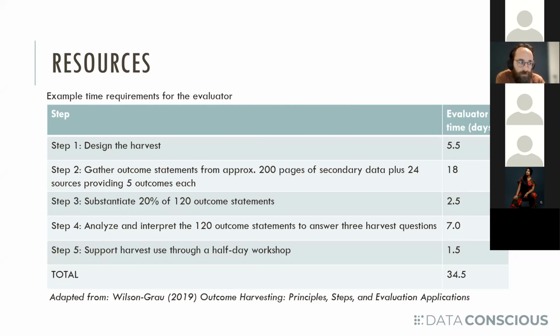But just in terms of understanding how many days it takes to gather and analyze this data, the estimate that Dr. Wilson-Grau gave was 34.5, which is a very precise number, but it's an example on the basis of the calculations that we're going to walk through. The learning to take from this slide is not 34.5 days. It's understanding how to assess the amount of time that it's going to take you to do outcome harvesting.